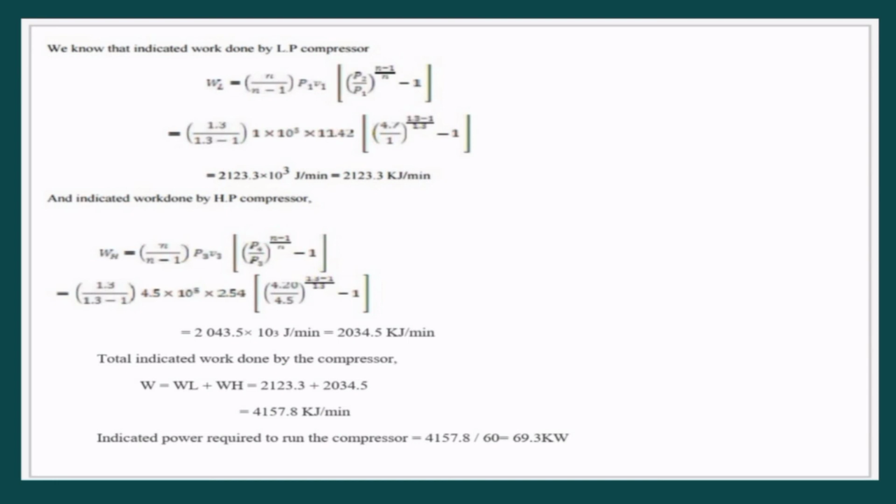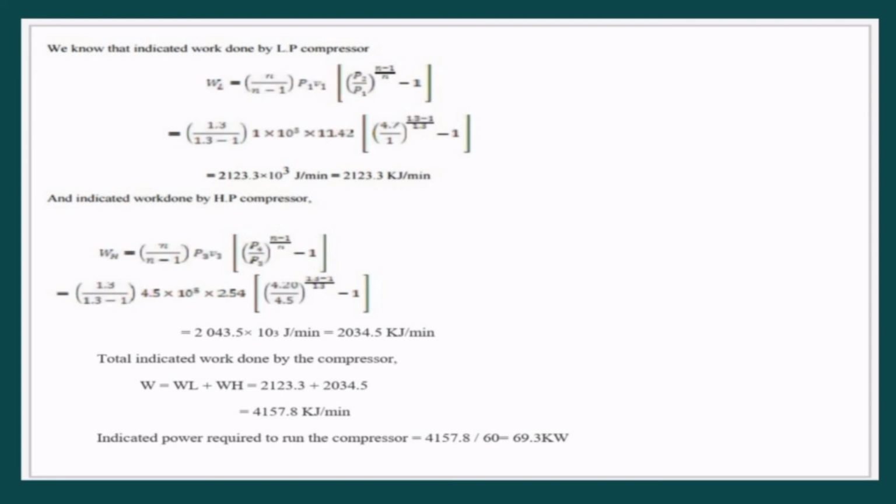Substitute the value: WL is equal to 1.3 over 1.3 minus 1 times 1 times 10 raised to 5 times 11.42 times the parenthesis of 4.7 over 1 raised to 1.3 minus 1 over 1.3, minus 1.